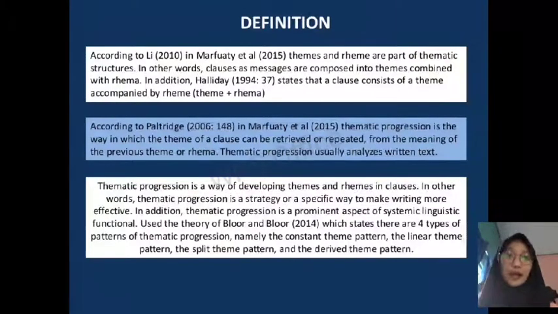Okay, so we can know that thematic progress is a way of developing themes and rhymes in clauses. In other words, thematic progression is a strategy of specific way to make writing more effective. In addition, thematic progression is a prominent aspect of systemic functional linguistics.